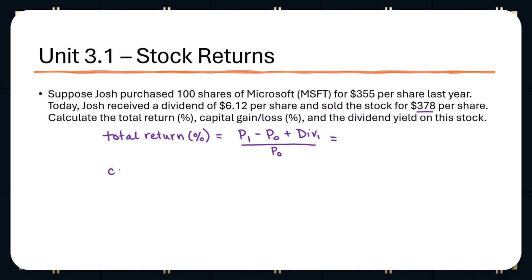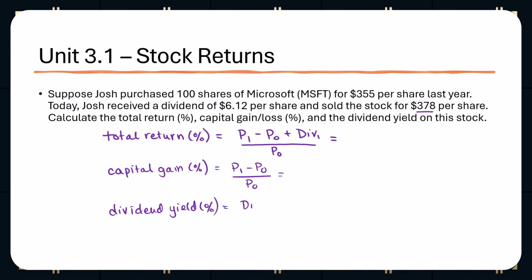Now we can break this down into the two parts. So we have the capital gain component, which is just the price you sold it for minus the price you paid for it, all divided by the price you paid for it. And then we have the dividend yield component, which is just the dividend or the cash flow received divided by the price you paid to acquire the investment.